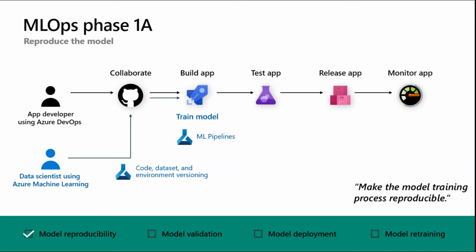Data scientists using Azure Machine Learning can capture and track all the artifacts, datasets, environment variables, code, logs, metrics, outputs through the run history service. This allows something very fundamental, model reproducibility. At the same time, developers are working on their code to consume the model.